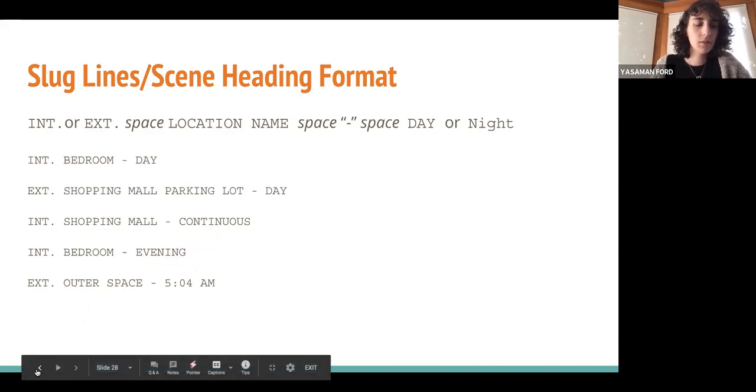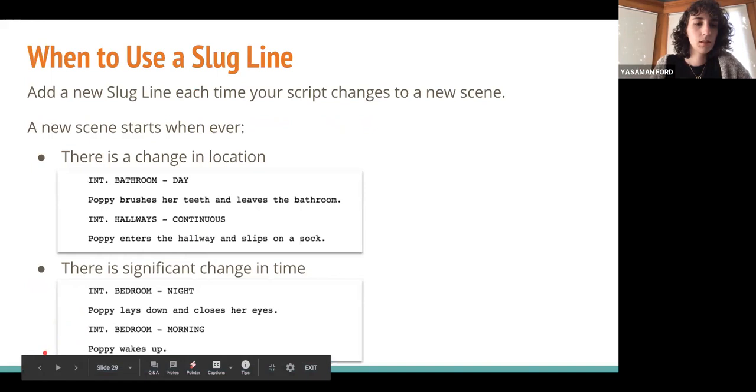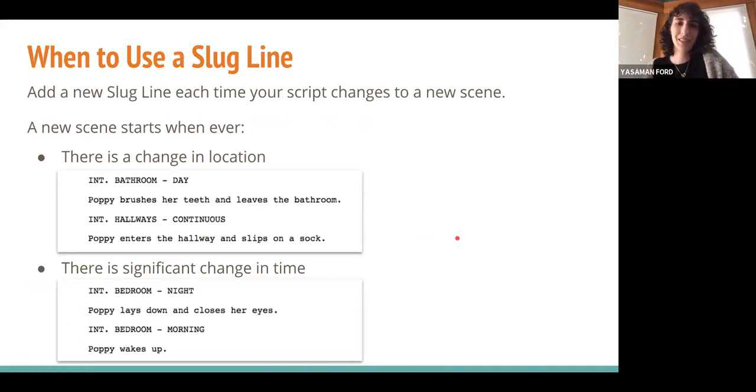Which goes into, oh, my slideshow. Okay, which goes into when does a scene change? When you're watching a film, it can sometimes be kind of invisible when a scene changes, but technically a scene changes whenever there's a change in location or time.